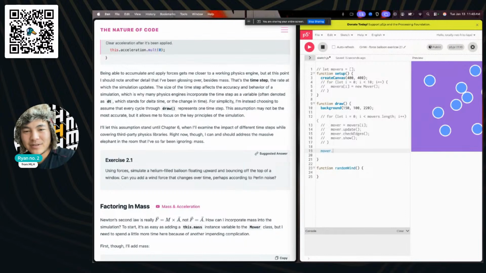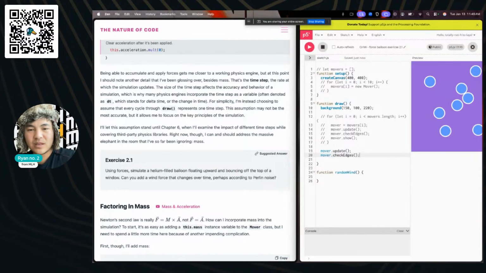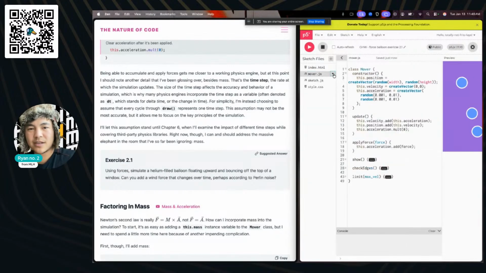Okay, so we know that we want to be running these functions on mover. Actually, we won't really want to be running check edges here. We just want to be running show. Let me actually go ahead and rename this entire thing to be balloon.